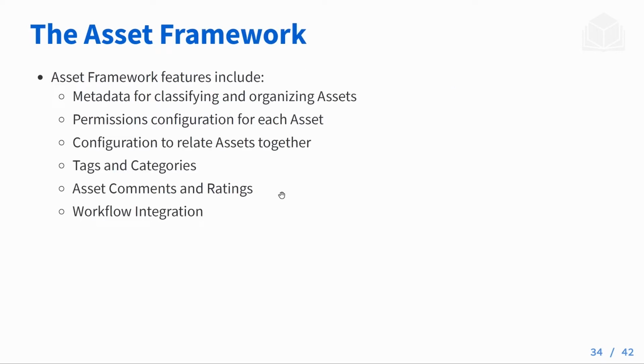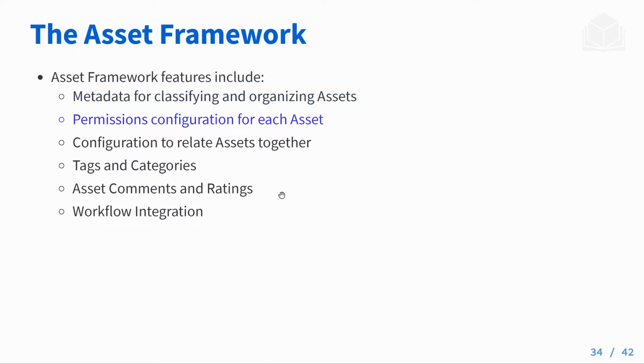So what does the asset framework involve? Why would you want to use it, and what benefit do we get from it in our existing entities such as blogs, web content, all of those? The first thing is each asset is going to have metadata that can be used for classifying and organizing it.